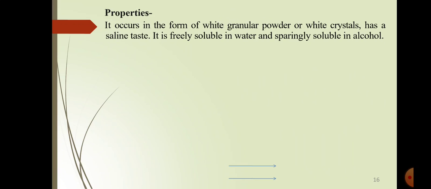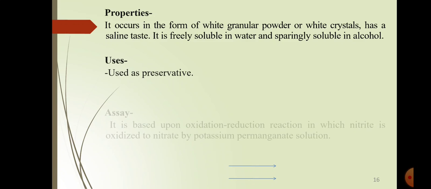Now let us see the properties. It occurs in the form of white granular powder or white crystals, has a saline taste, it is freely soluble in water and sparingly soluble in alcohol. Uses. It is used as preservative.